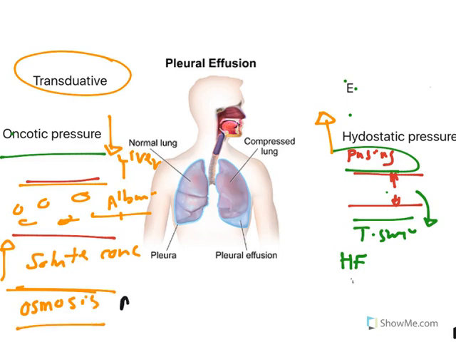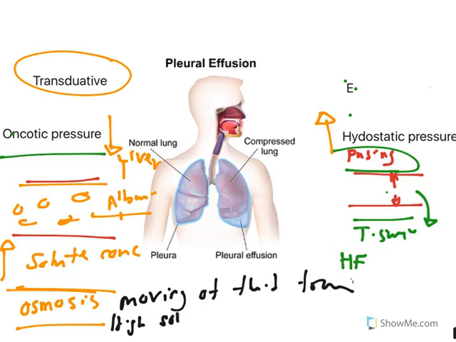Osmosis is the movement of fluid from low solute concentration to high solute concentration. So oncotic pressure is called the pulling pressure.